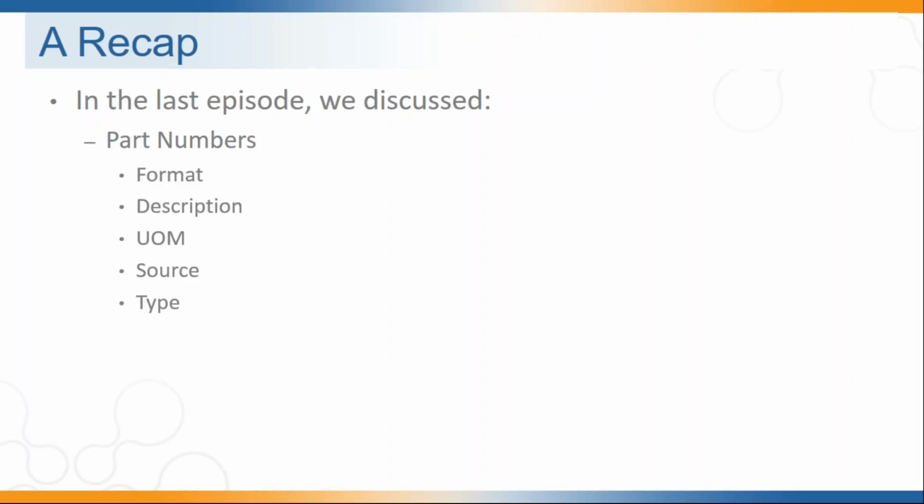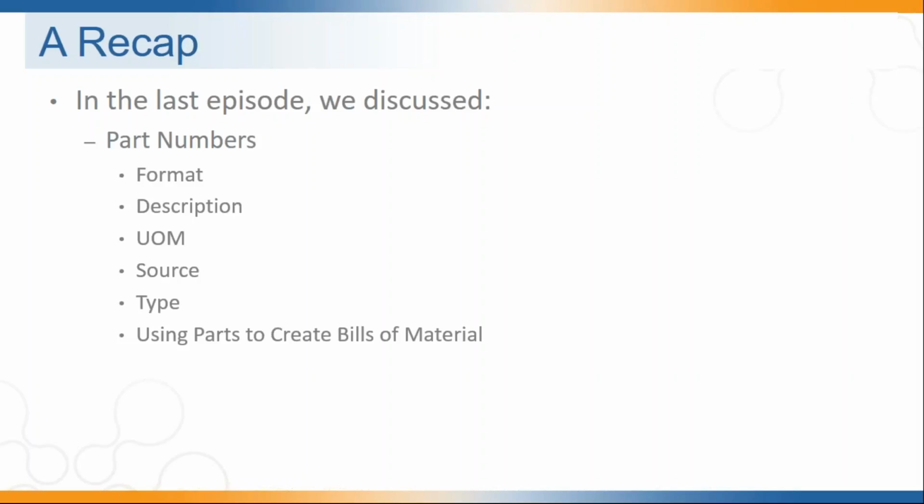They can be standard, for example, which is the normal part you would think of as it gets used in the manufacturing process. They also might be reference items, for example, instruction sheets, blueprints, things like that. Or they could even be phantom part numbers, items that are built during the manufacturing process but not ever planned on their own.